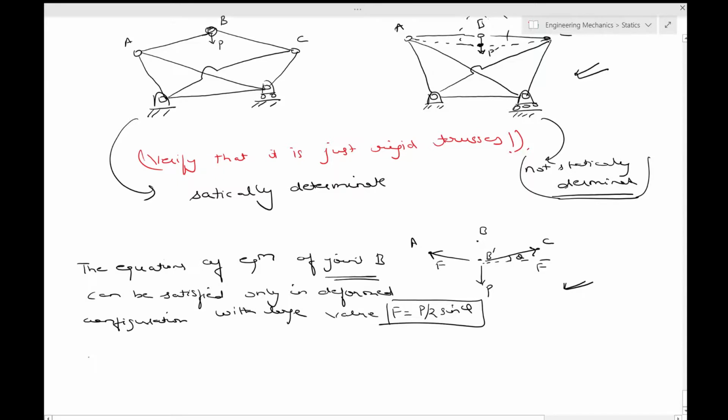Lastly you will have a mechanism where n will be greater than 0.